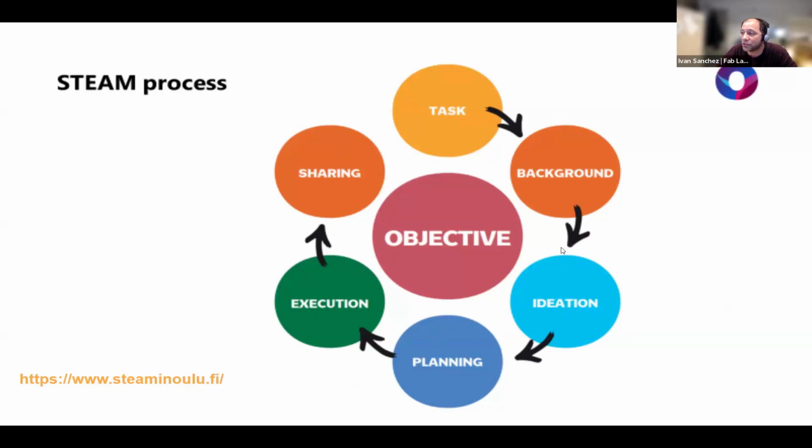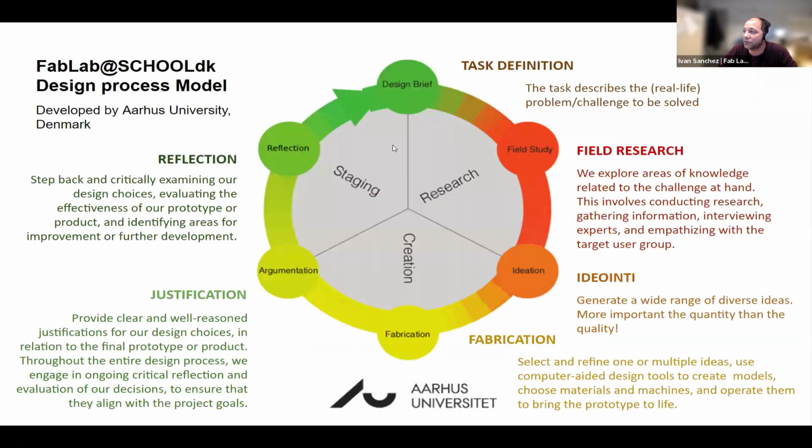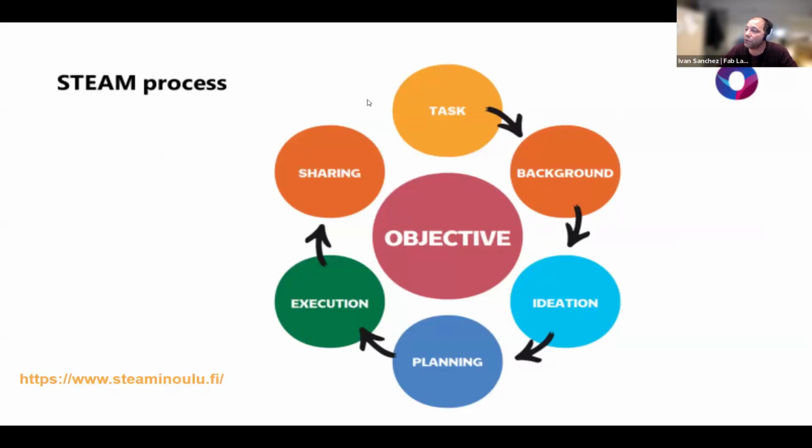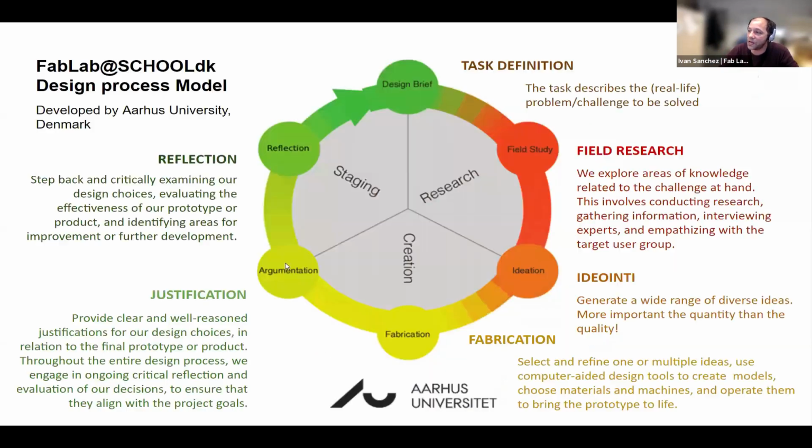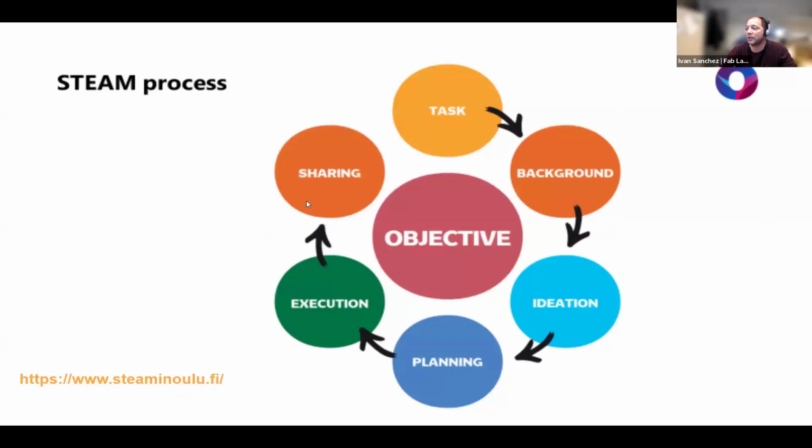It's important for teachers to define the objective, and perhaps in this model the objective is not very clear. They want to emphasize it more. So they have created this model based on the model that I presented in Aarhus, in which the objective is more clear, and they thought that perhaps the justification and reflection, the argumentation and reflection, can be merged into one step called sharing. Okay, so this is important.